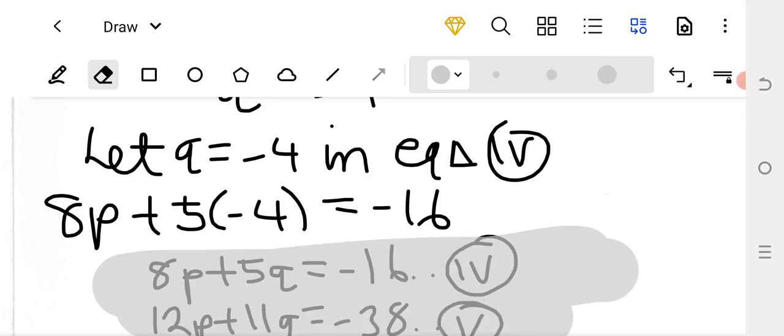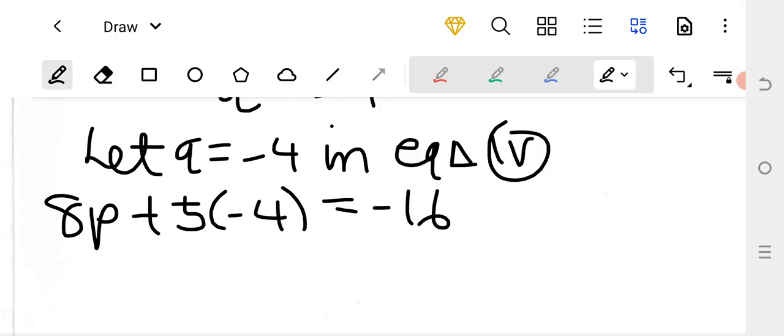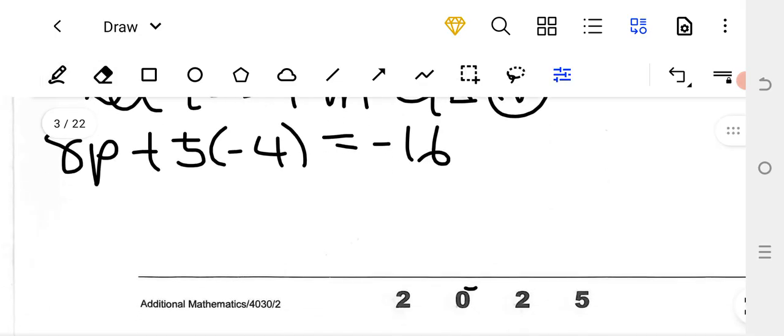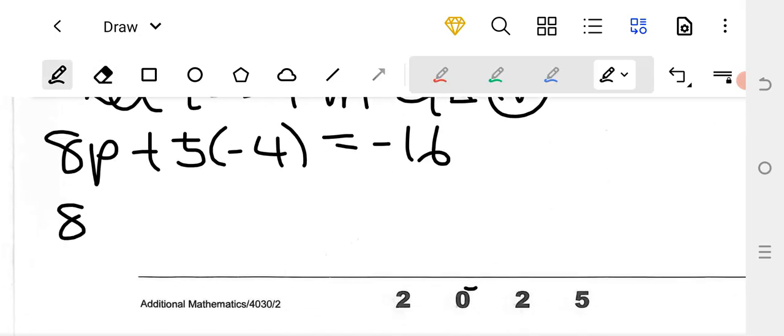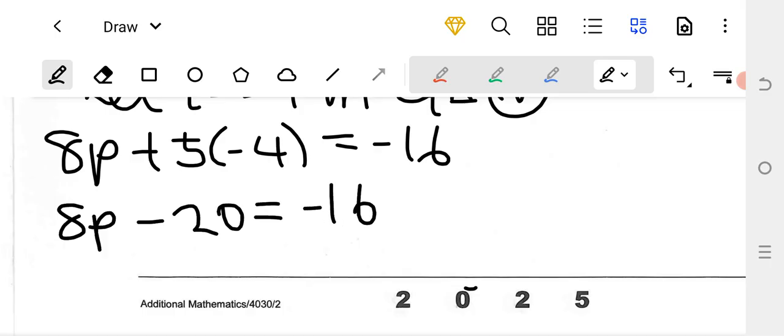So I've removed it, I've cleaned it out. Then to continue, it's going to become 8p minus 20 is equal to negative 16, like that.